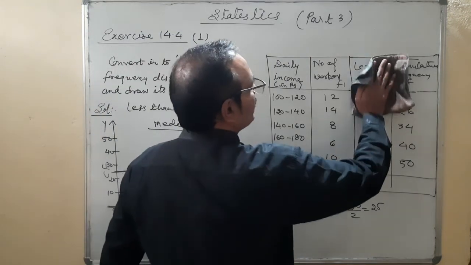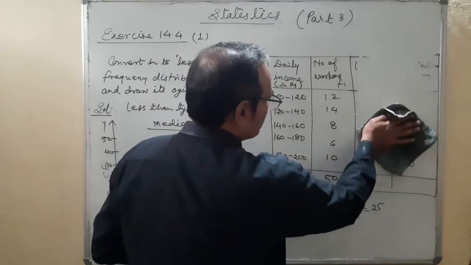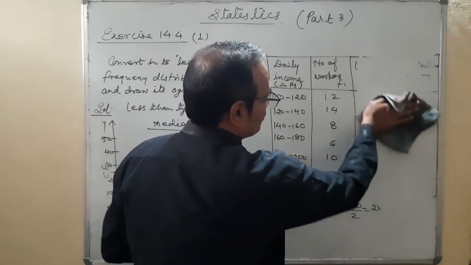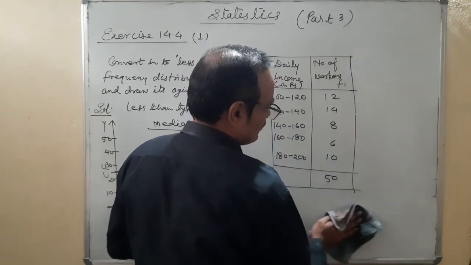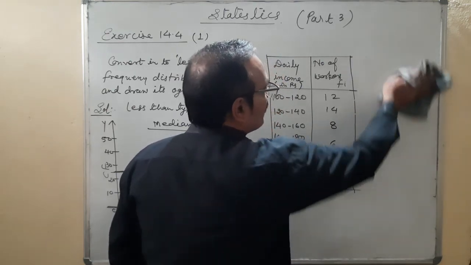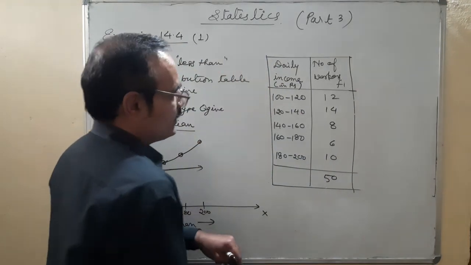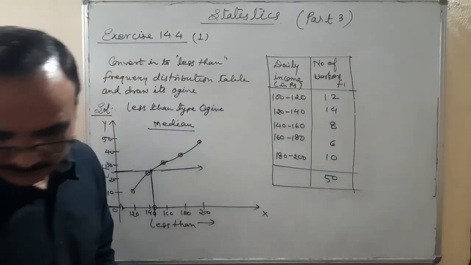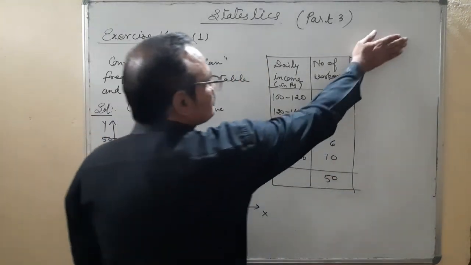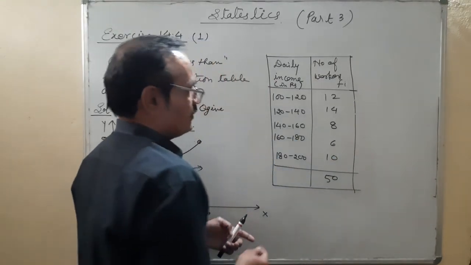These two columns are already there. Two columns are given, and we are going to find the more than type. What to find out?